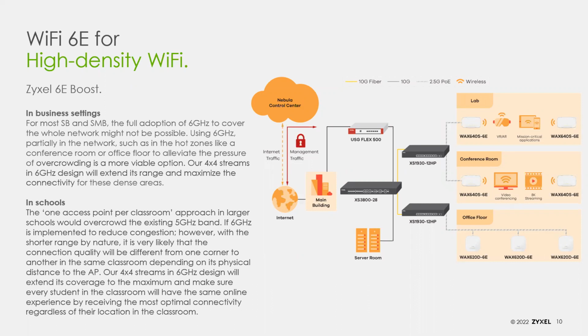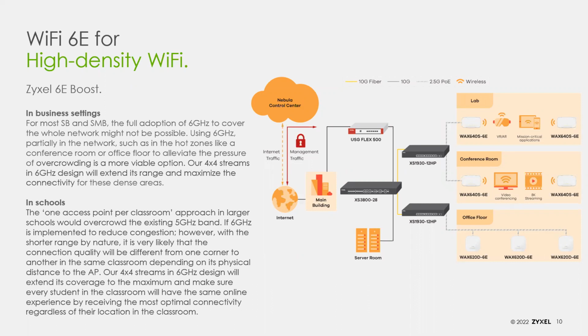And if you're dealing with an office building where you've got a lot of smaller tenants, 6 gigahertz might be nice also, because you have to worry about interference issues from your neighbors when it comes to using 2.4 and 5 gigahertz. So 6 gigahertz may be beneficial for you there. And then schools are going to be another big key player for 6E, and probably one of the first industries that really pushes for 6E products.